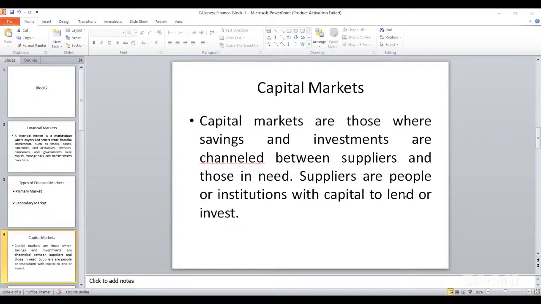These are referred to as stock exchange securities trading. In capital markets, you have suppliers and you have users who utilize the funds from different banking institutions.